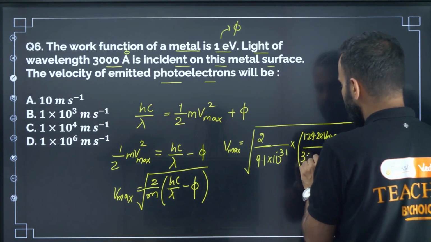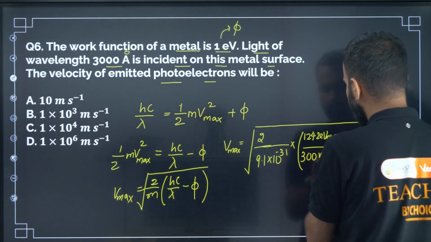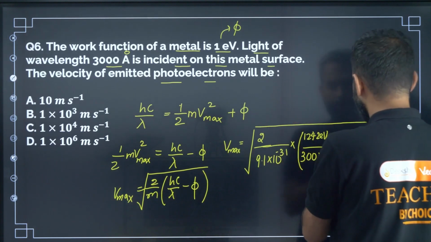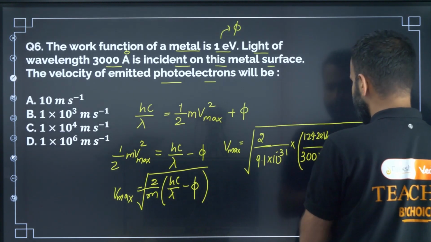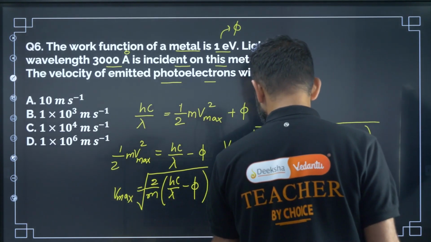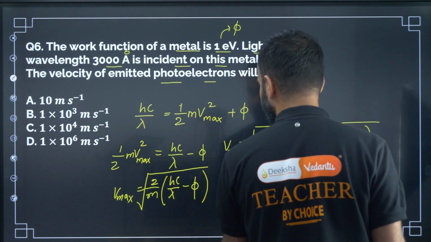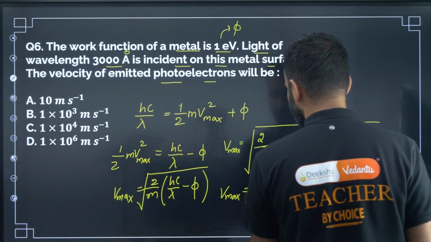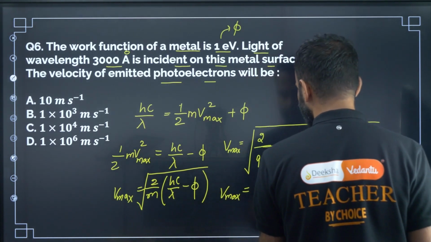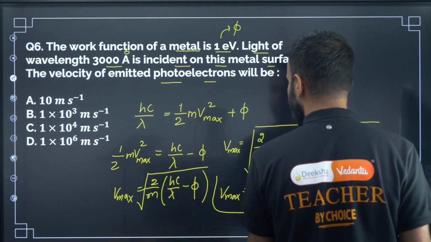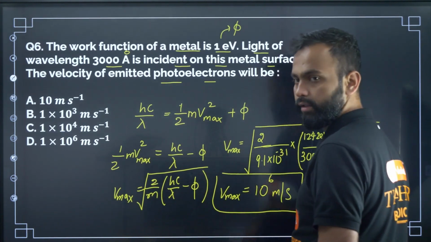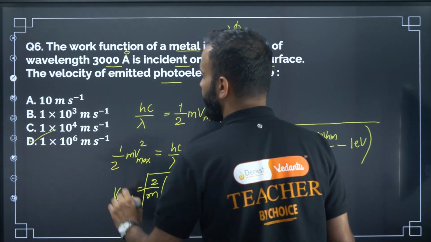I can write it as 300 nanometer, minus 1 electron volt. Now solve this, you will get V max approximately equal to 10 to the power 6 meter per second. So the correct option is D.